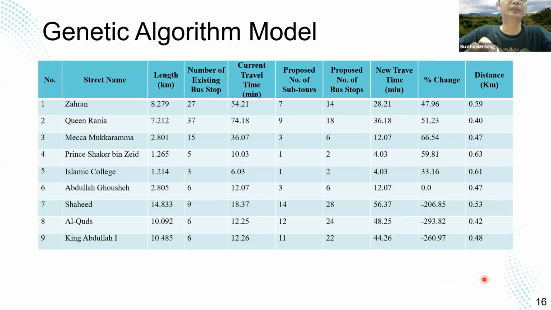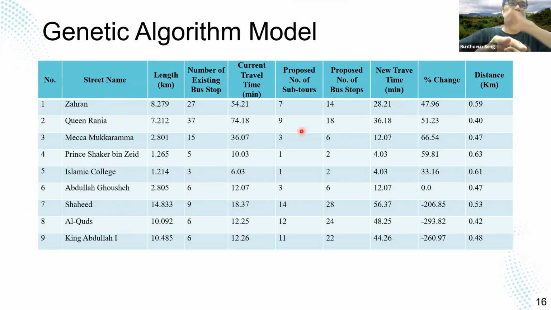And here's the result from the GA model applied to those roads. Similarly, we can see the streets are divided into 3 categories as well. One is the roads that have a reduction in the number of bus stops. Another one is the roads that have an increased number of bus stops. And there's one road here in a different group, which has not changed anything; it still remains the same.